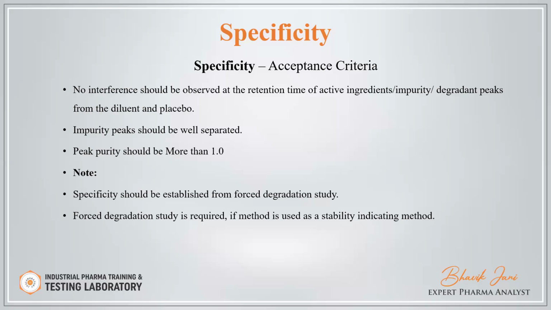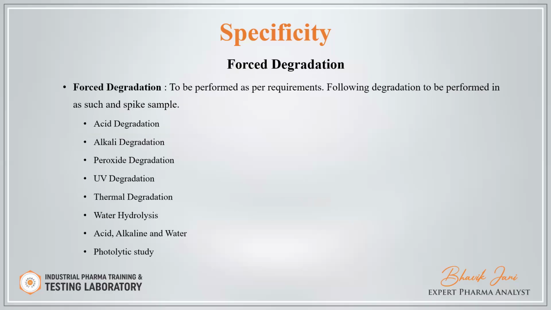Specificity should be established from the forced degradation study. Forced degradation study is required if the method is used as a stability indicating method. Now the forced degradation is to be performed as per the requirement, and as per our product experience.